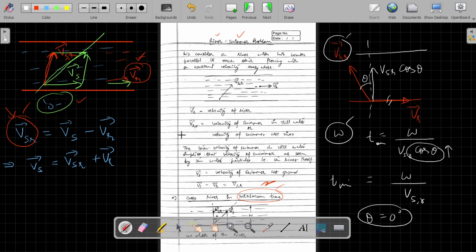So this is what we have done up till now. We have learned how to calculate the velocity of the swimmer: we add the relative velocity of the swimmer with respect to river with the velocity of river.